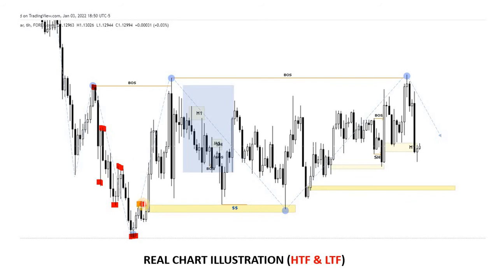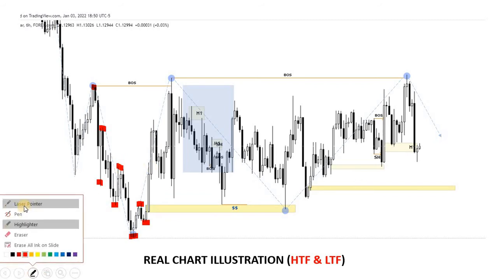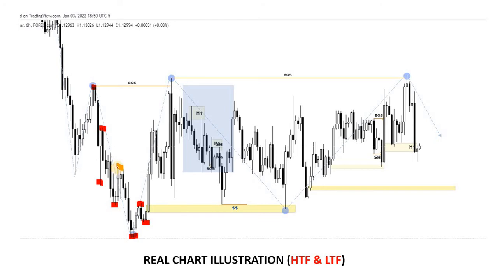Then we have this high, we have this low, and eventually what happens, we have a break of structure here, which is a bullish break of structure. When we have this break of structure here, it's telling us that price may be changing direction from the bearish trend to a bullish trend.